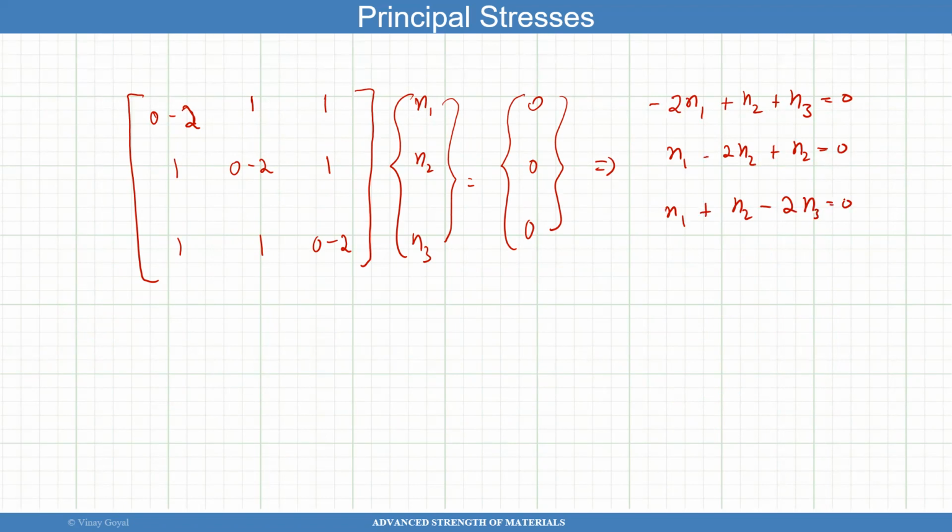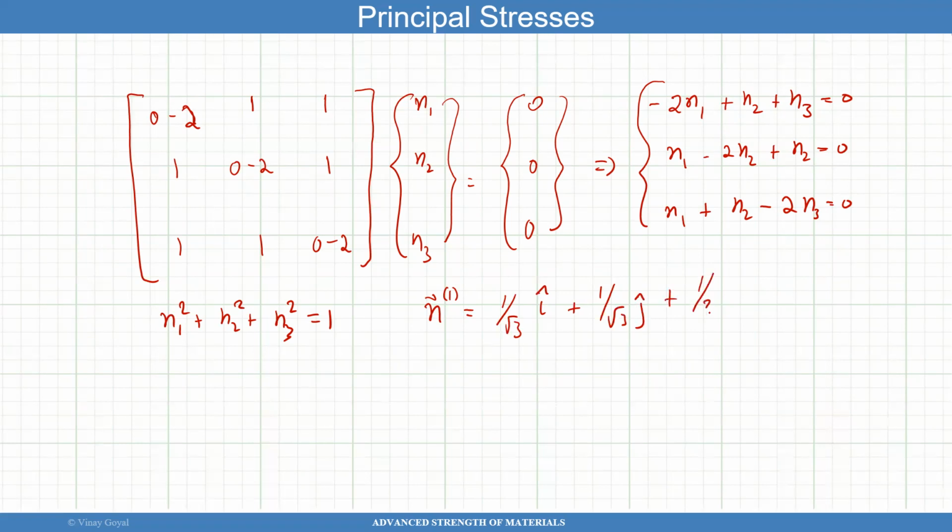When you look at this very quickly, if you impose n1 squared plus n2 squared plus n3 squared equals 1 and use these 3 equations, I won't do it here, what you get is that the first principal direction is 1 over square root of 3 i plus 1 over square root of 3 j plus 1 over square root of 3 k.